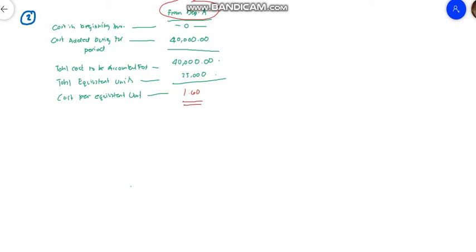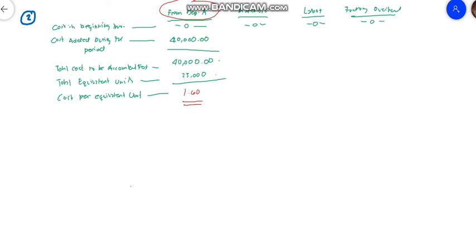So how about the cost coming from materials, labor, and factory overhead? For the materials again, there's no amount for the beginning inventory, so we'll just leave it at 0.